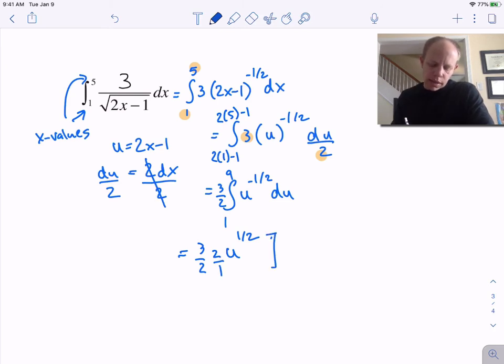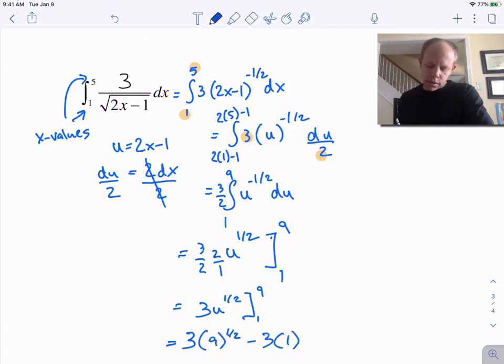All right, and since we changed the limits of integration into u values, I can keep the 1 and the 9 right here. So we'll simplify. We get 3u to the 1/2 evaluated from 1 to 9. We're just going to plug those 9 and the 1 in because, remember, those are u values. We found them right here. So we're going to have 3 times 9 to the 1/2 minus 3 times 1 to the 1/2 power.